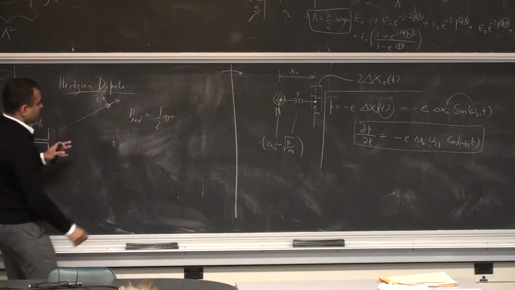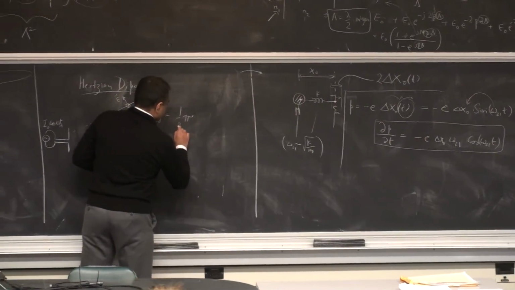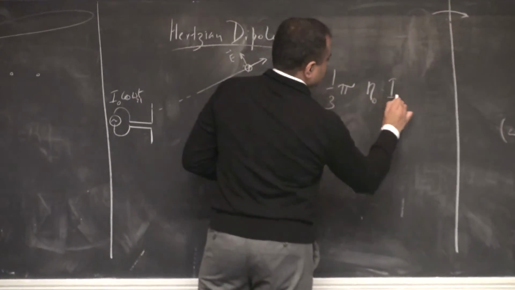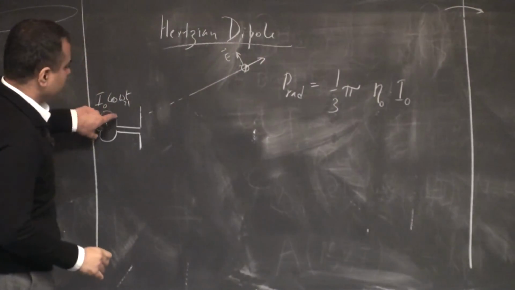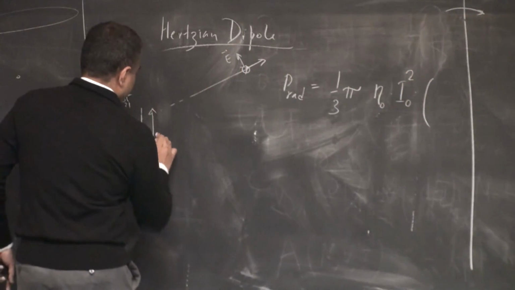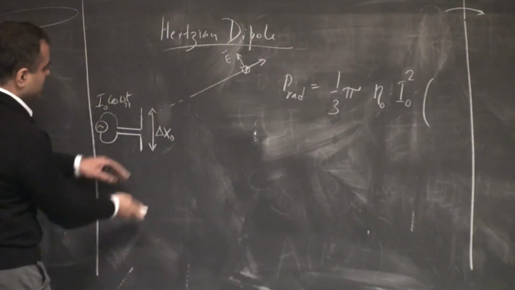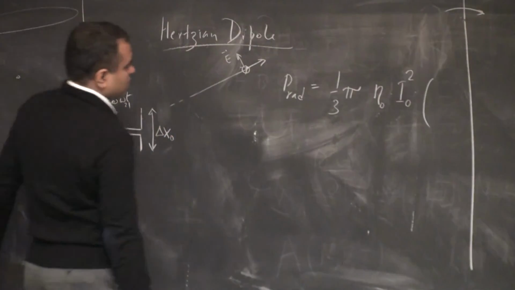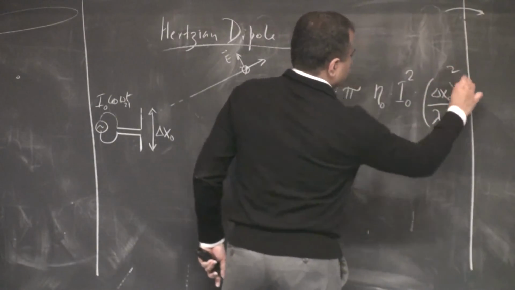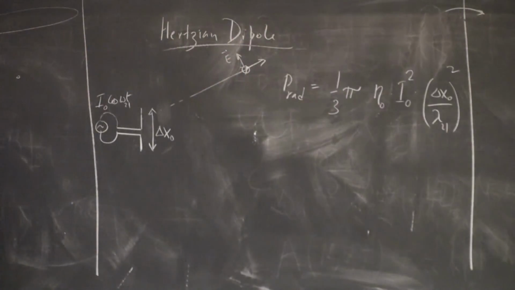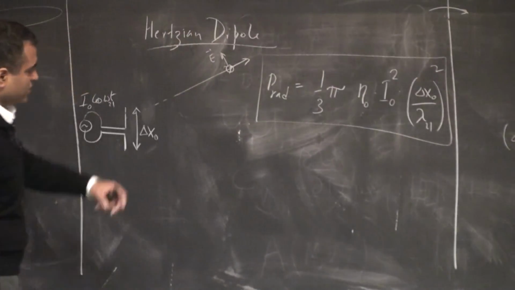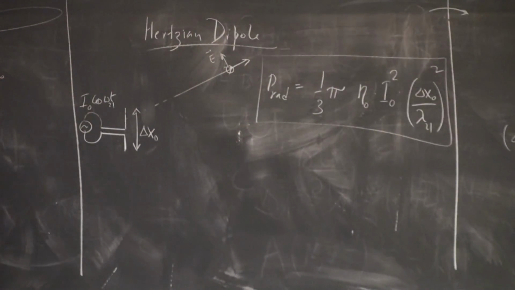It's given by 1/3 pi times the impedance of free space times I naught, the current amplitude that's driving it, squared, times delta x naught, the length of the dipole, over the wavelength which is emitted, squared. That's the formula for output power of any dipole. If you have taken an EM course where you get to antennas or radiation power from a dipole, this is the output power from a dipole.